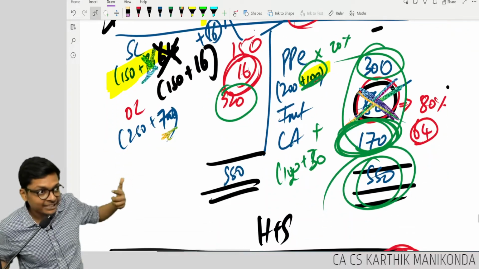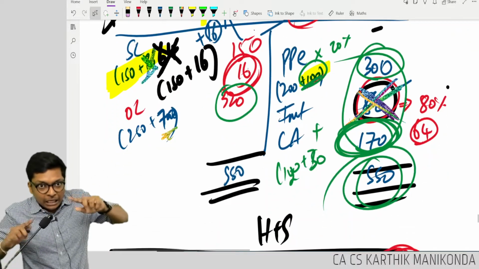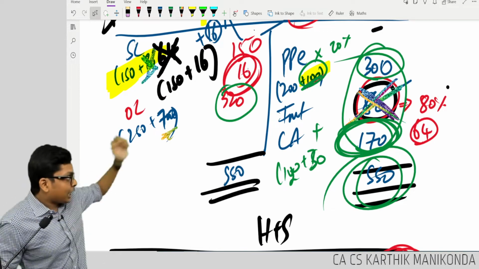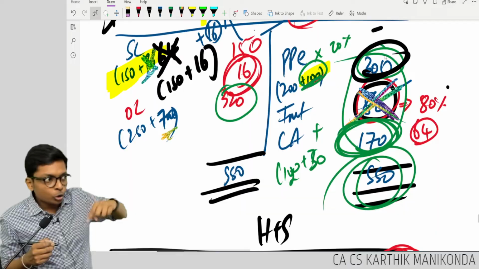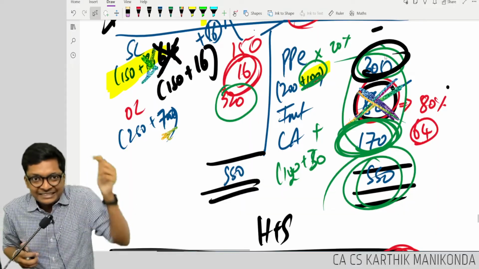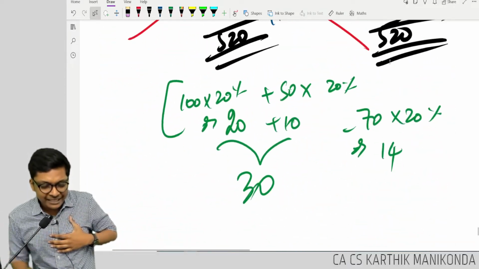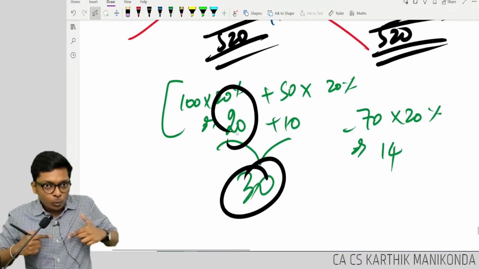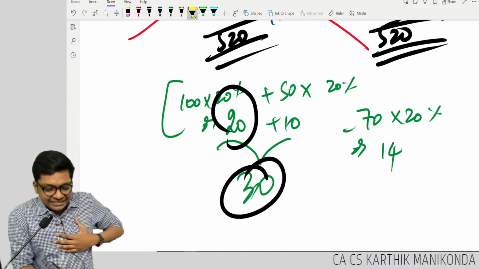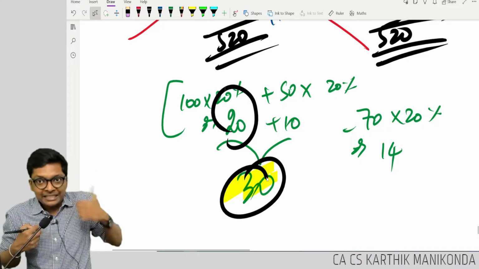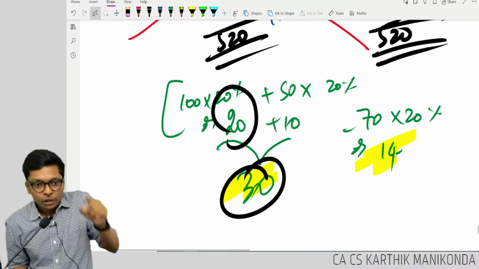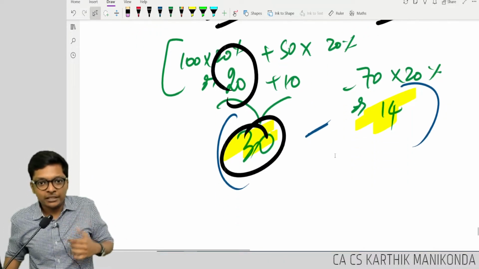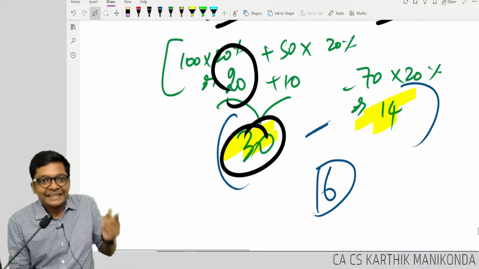Because I am adding everything, I need to show I control everything, but everything doesn't belong to me. Are you following? I control this 300, what to do with the asset, but if I sell the 300, what doesn't belong to me is 30, this belongs to the 20%, correct? So what doesn't belong to me on the asset side is 30, guys. What doesn't belong to me on the liability side is 14. Therefore, effectively 30 minus 14, what doesn't belong to me is 16.